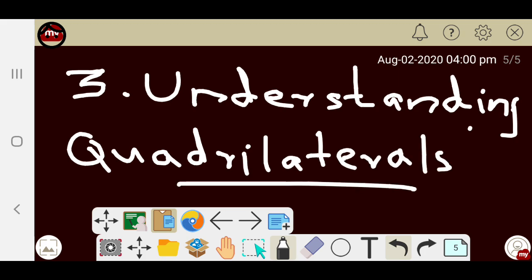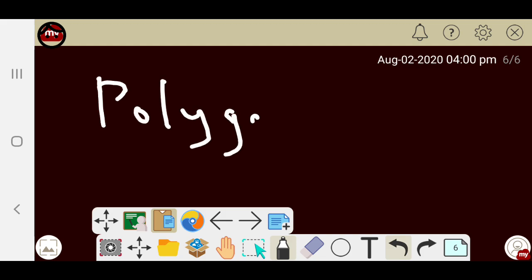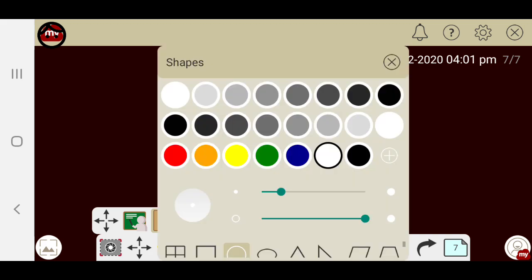But before starting quadrilateral, let me ask, what is a polygon? All of you know what is a polygon? Yes, some examples. You can consider some examples here.